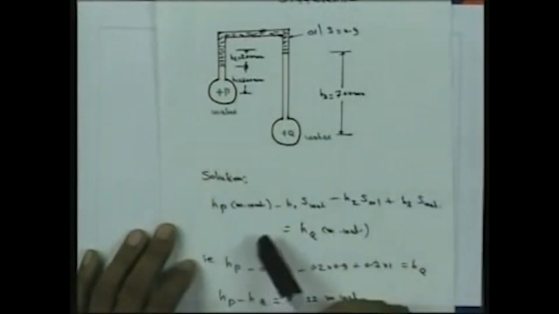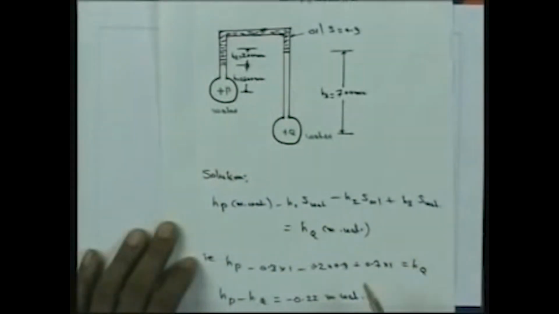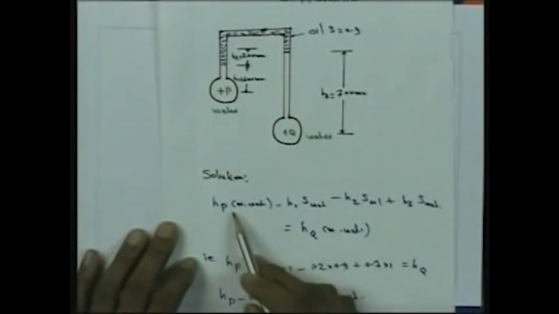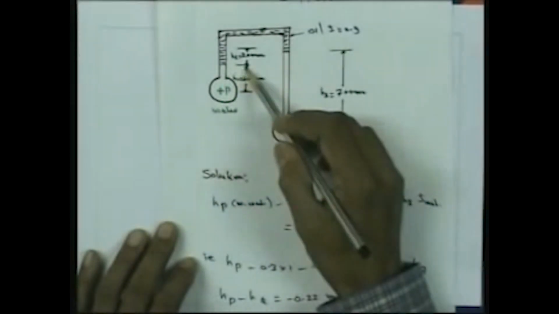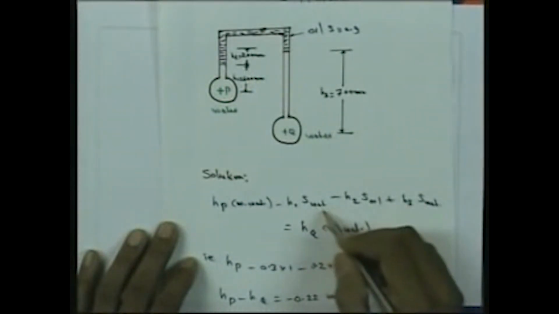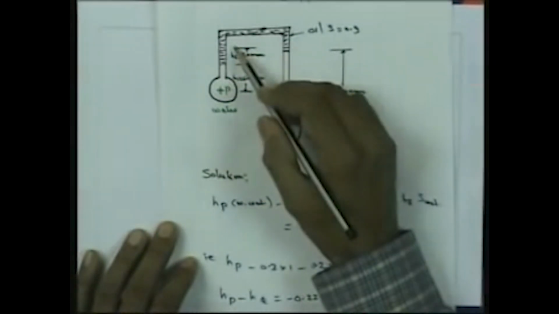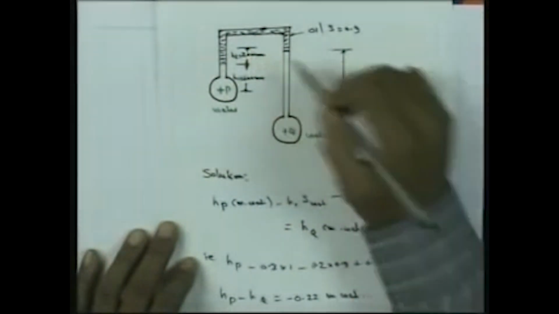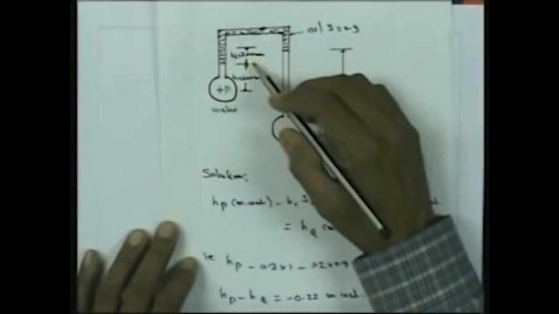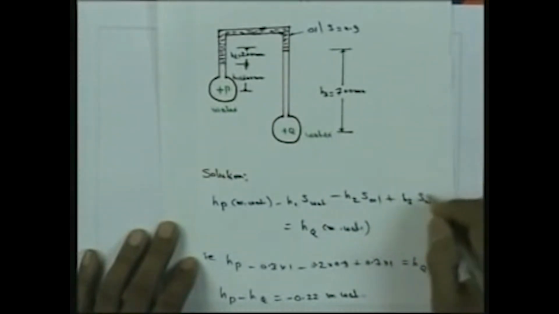With respect to this figure, we can write the pressure at location P as HP in meters of water, minus H1, this height multiplied by the specific weight of water, S water, and then this is the manometric liquid, minus H2 into the specific weight of oil, S oil, plus H3 into the specific weight of water.